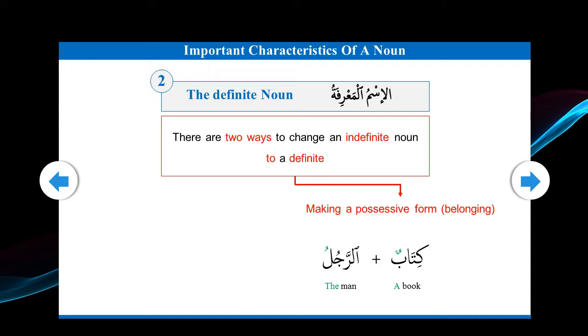Let's start with a definite noun, ar-rajulu, the man. The possessive form is kitabu ar-rajuli, a book of a man.